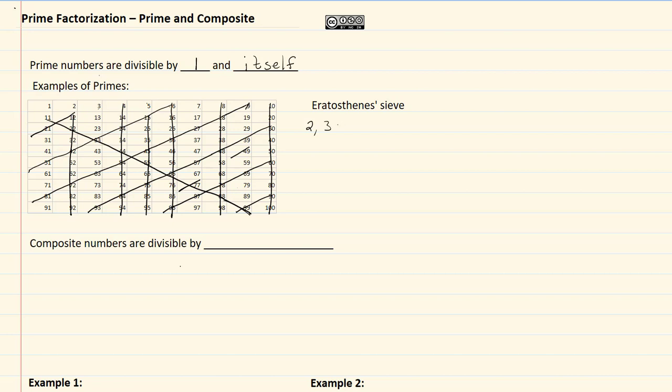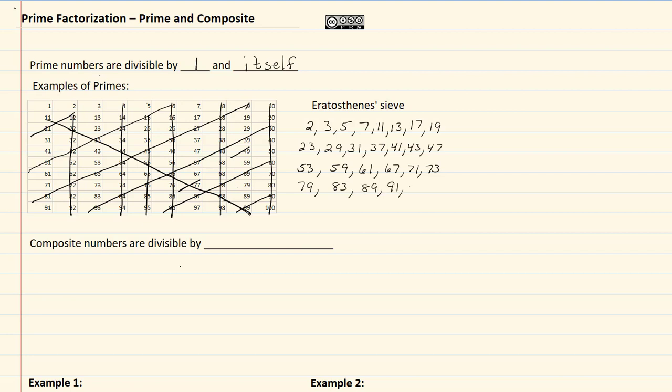We have 2, 3, 5, 7, then we have 11, 13, 17, 19, and then 23, and 29, 31, 37, and then 41, 43, 47, and then 53, 59, 61, 67, 71, 73, 79, 83, 89, and 97.